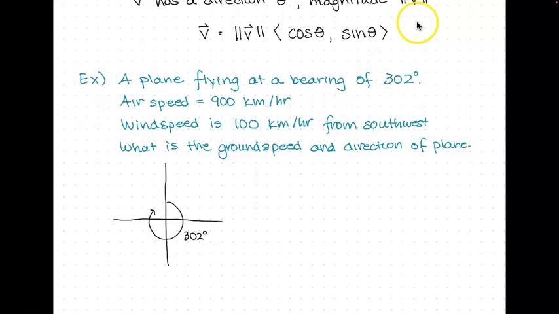So totally different from what we're used to in trig. So that means that the plane is flying in this direction. And you can think of this as 32 degrees right there. So this is the plane, and that's my vector. That's 900 kilometers per hour.